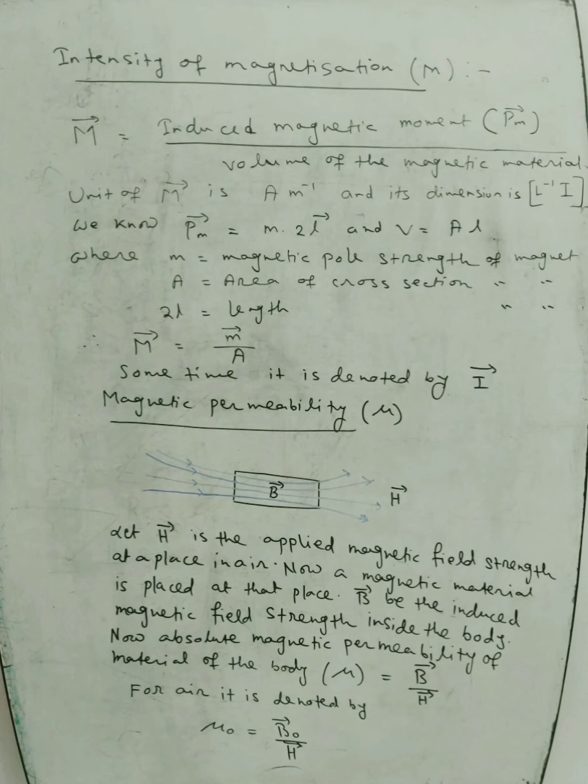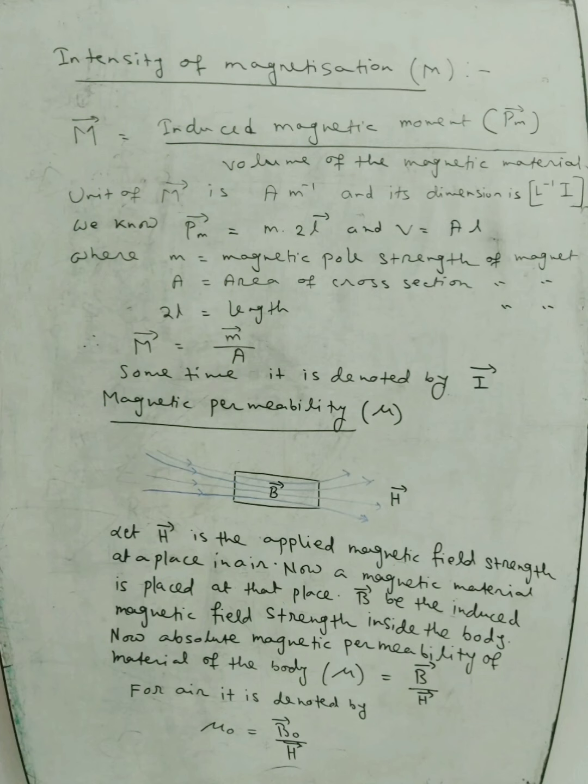Next definition, magnetic permeability. It is denoted by mu. We consider a uniform magnetic field H. Now we place a magnetic material like iron. We know that the density of magnetic lines of force is increased inside that magnetic material, or inside the iron.